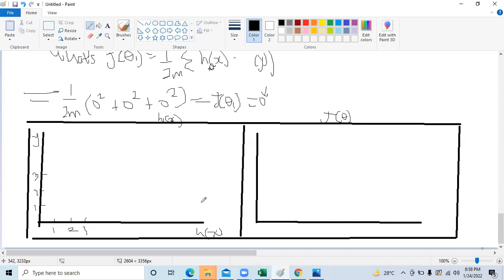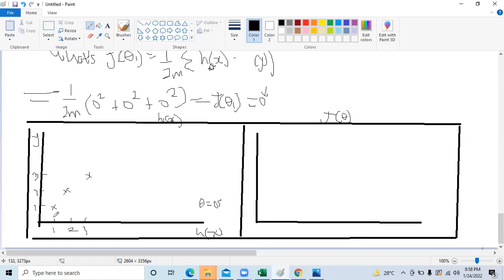Now if theta now equals 0.5, right? So that means we'll have a model that looks like this. This would have been a perfect model, right? This would have been the perfect model where h of x equals y.